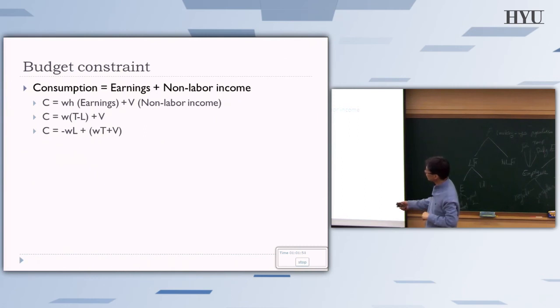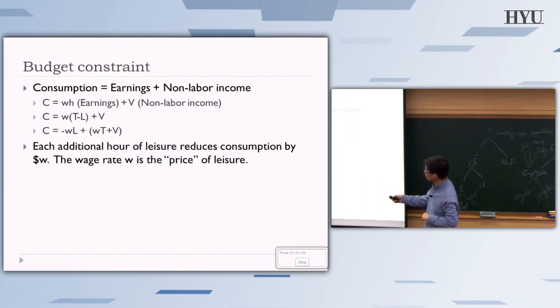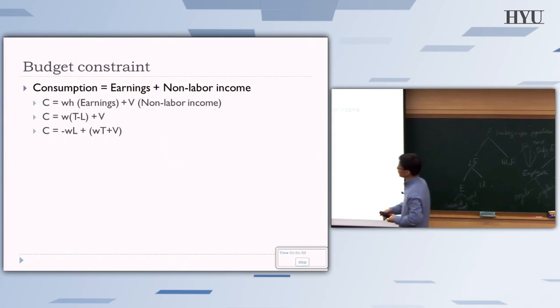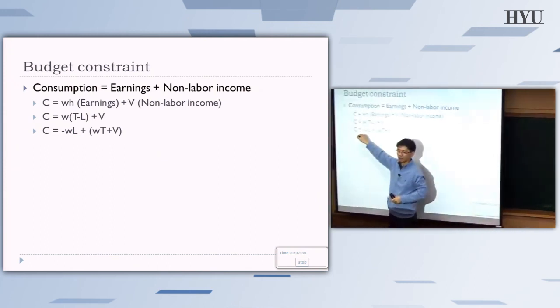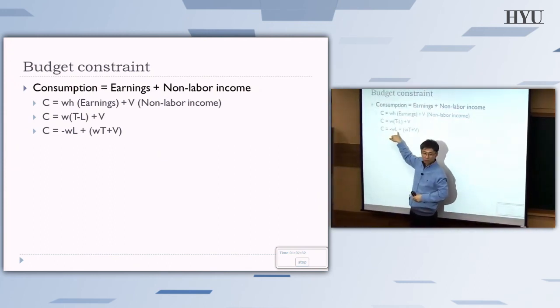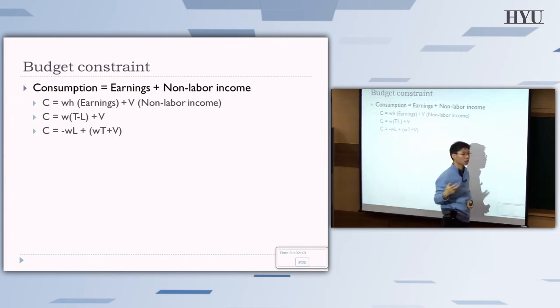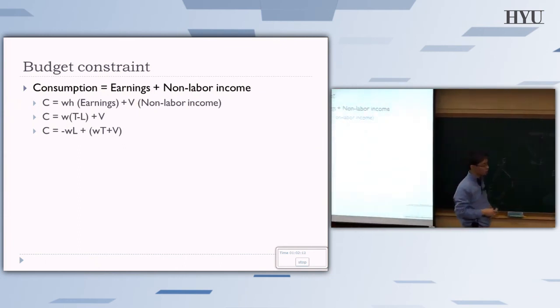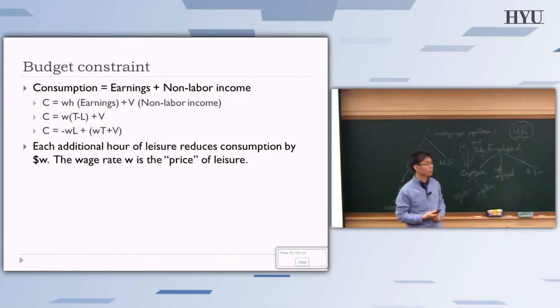Then there is the WL part. What is the WL part? This is the minus WL part. What does it mean? When leisure goes up, consumption will go down at the rate of W. So we call W the price of leisure.